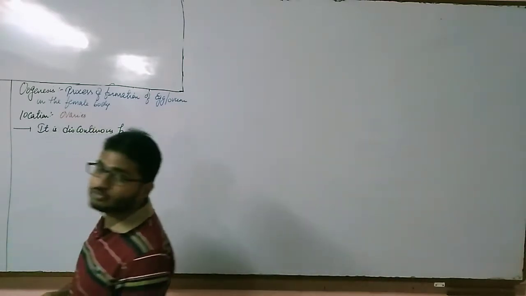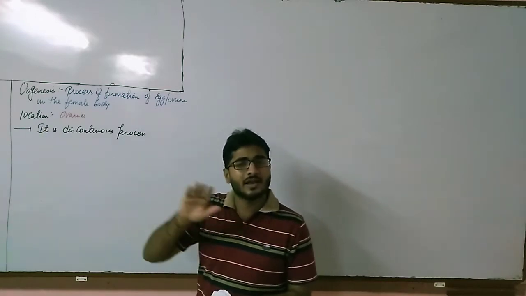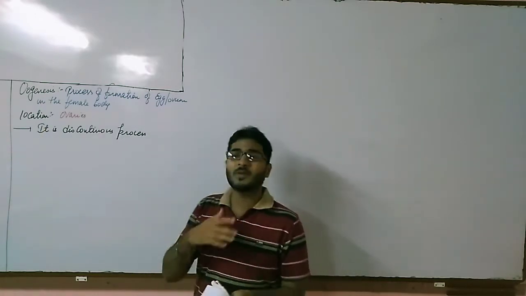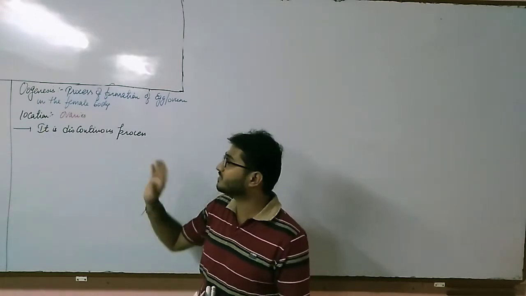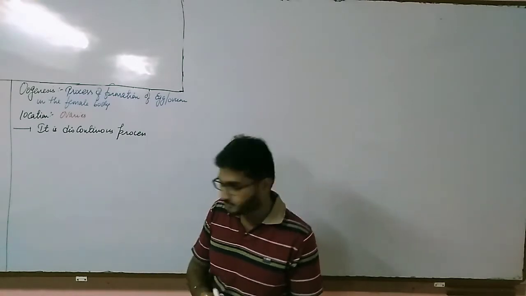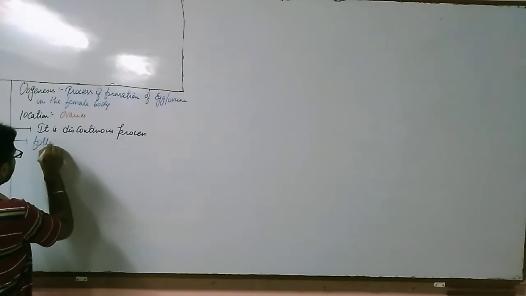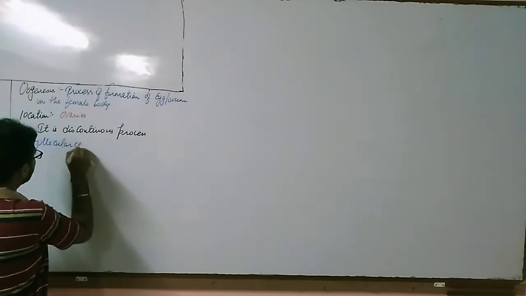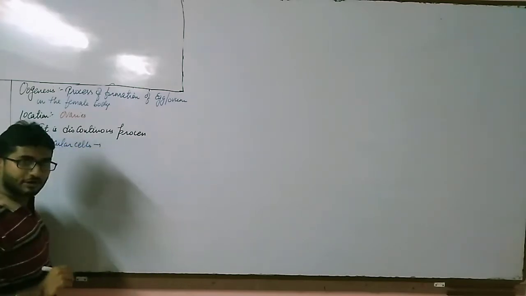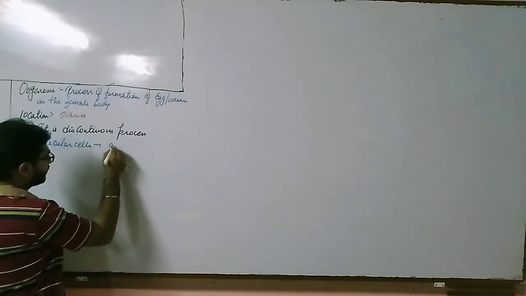Now before going into the details of oogenesis, let us start with some numerical facts regarding oogenesis in terms of follicles. We know that there are follicular cells, specifically the granulosa cells.